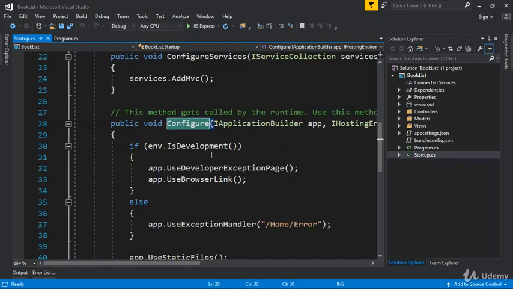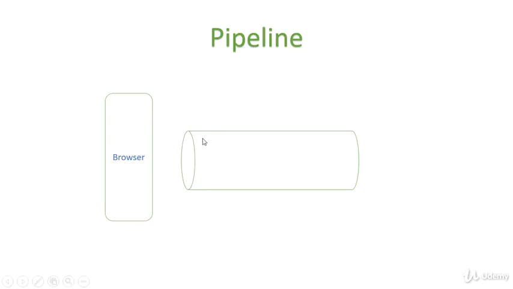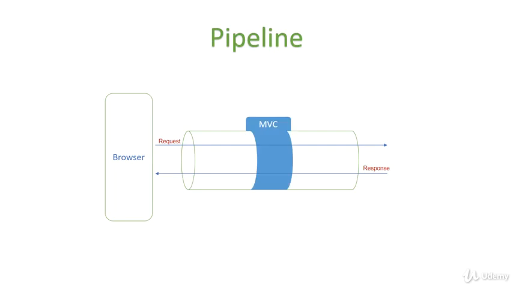Let me switch to the presentation here. So here we have a browser, and then we have a pipeline, and then there will be a request and a response back. The individual parts which make up the pipeline are called middleware. In our case, we have MVC, and then in later videos, we would also add authentication to our project. That would add another middleware.